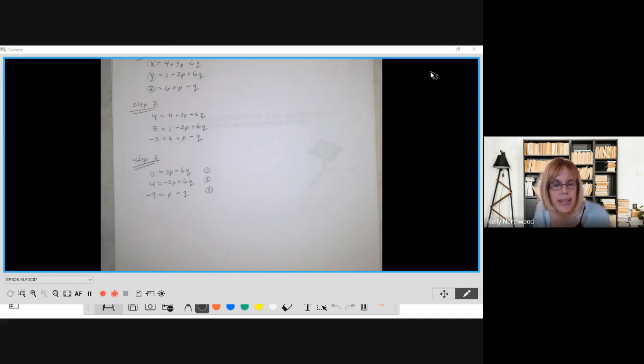So it's going to be very, very similar, I won't say exact same thing as what we did yesterday. We're going to solve 2 of them. Lock the other one away. And if the solution of the 2 that we solve works in the left side, right side check for the third one, then the point does lie on the plane. If it doesn't work, then the point does not lie on the plane.